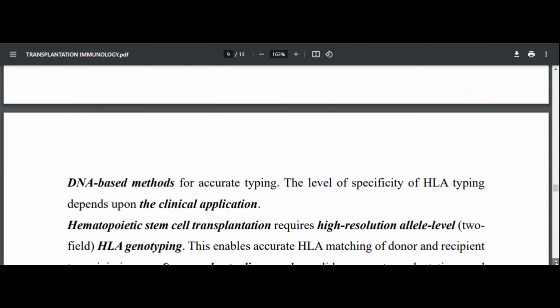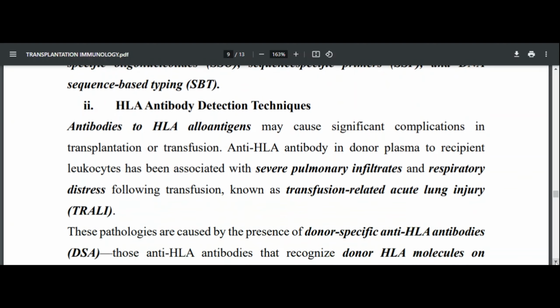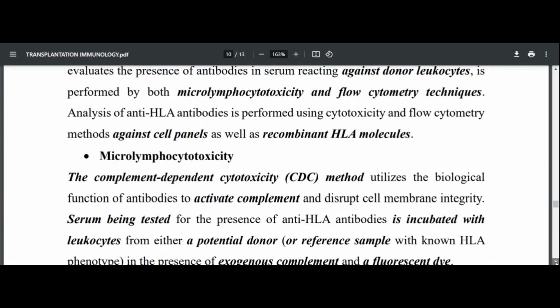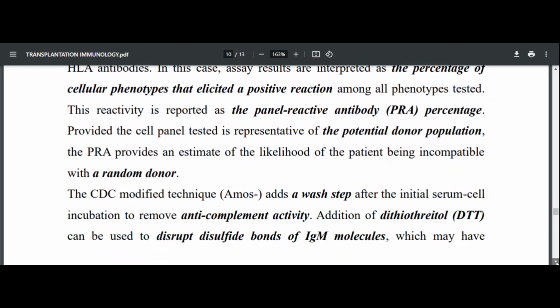We have genotyping using sera. We have DNA-based methods. We have detection methods. We even have microlymphocyte toxicity. We discussed it yesterday, so we have all these things in that course.